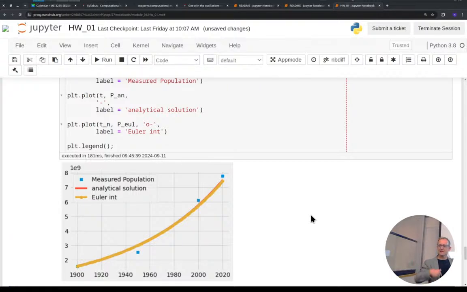The next step would be validating this method. At the year 1900, it's definitely validated because all of them start at the same exact value, so the error is 0. That's not as impressive.